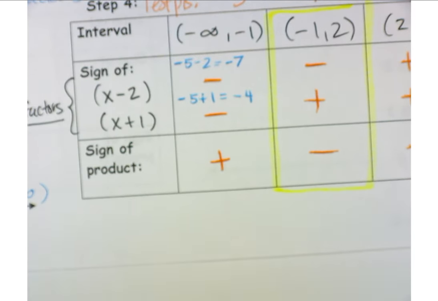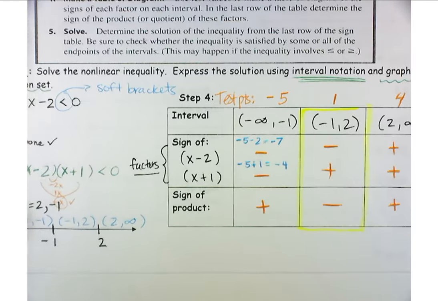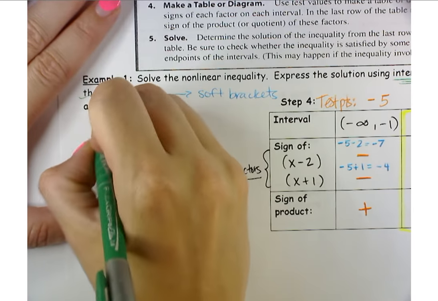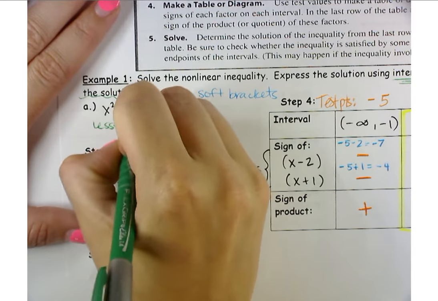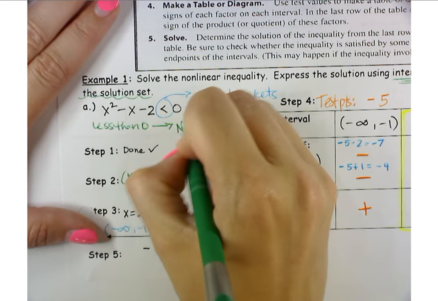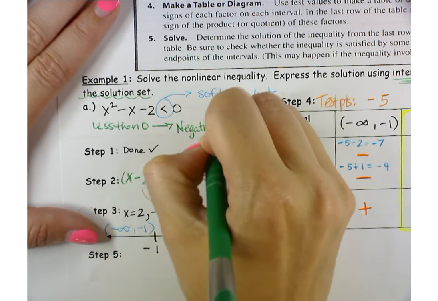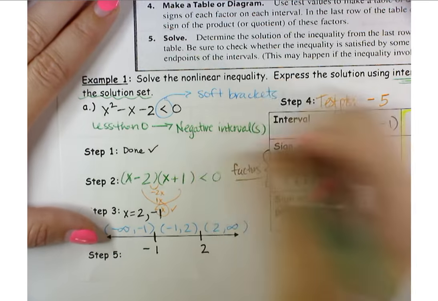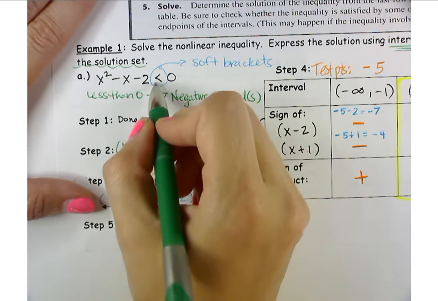We are also going to go back, and we are going to write here that because it is less than 0, we are looking for the negative interval, or intervals, depends.